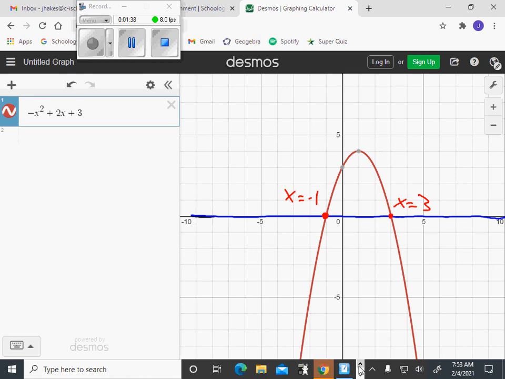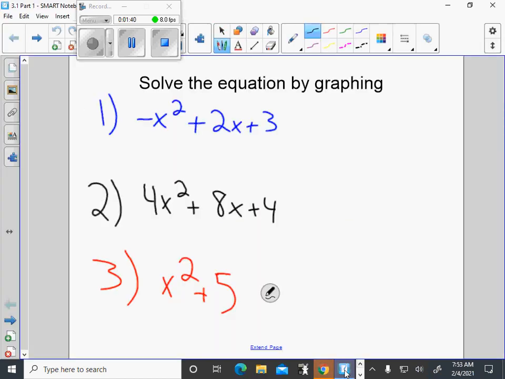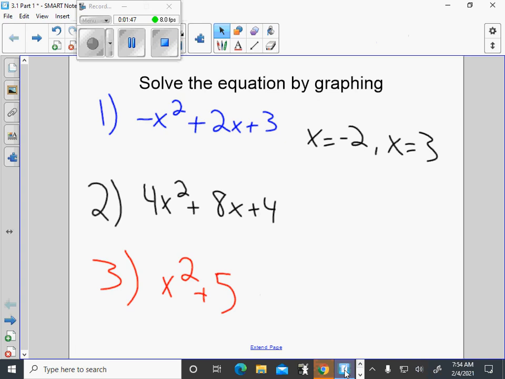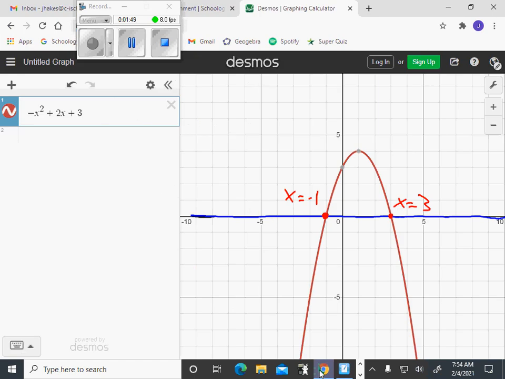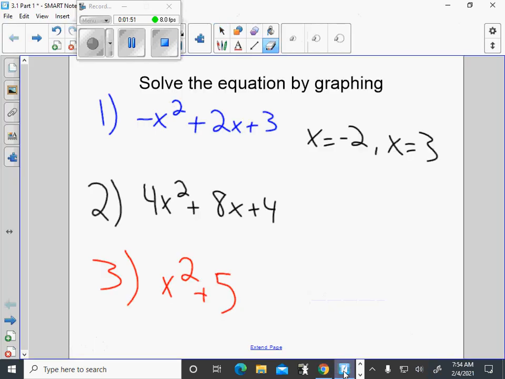So if I were to answer this question, it would be x equals -2 and x equals 3. Oh, sorry, not -2, -1, my apologies. x equals -1 and x equals 3.